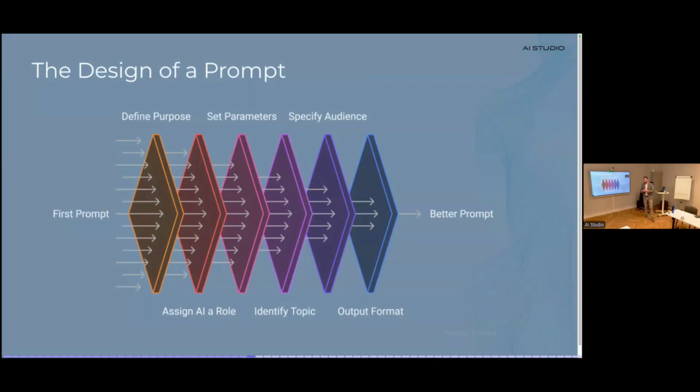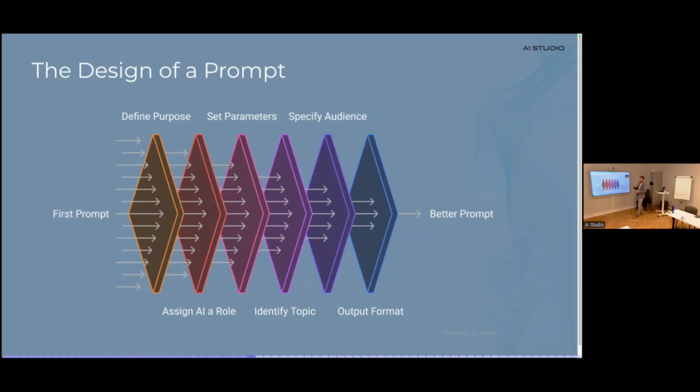One way to make a prompt better, how to think about it: you have to define purpose, assign it a role, like be a financial expert or be an IT specialist, the best IT specialist there ever was in the world. Set parameters, like you want 20 words, or you want English or Spanish language, or whatever parameters.